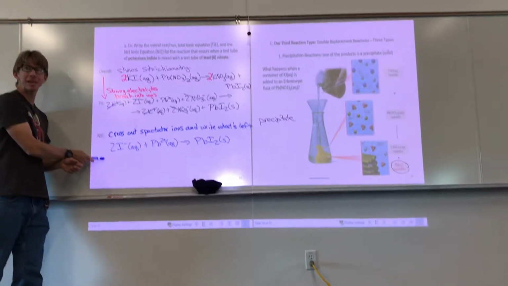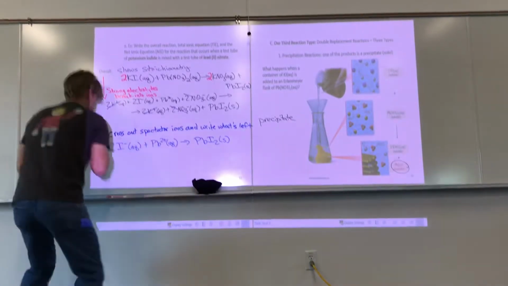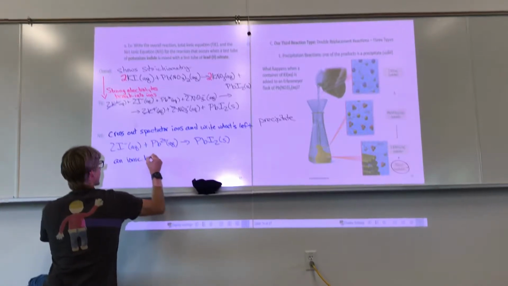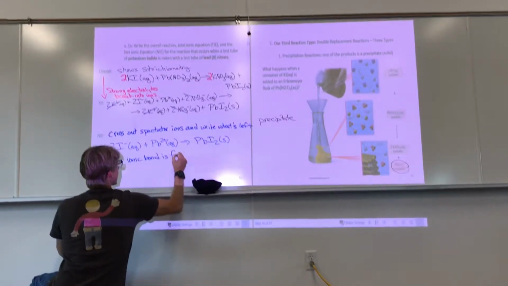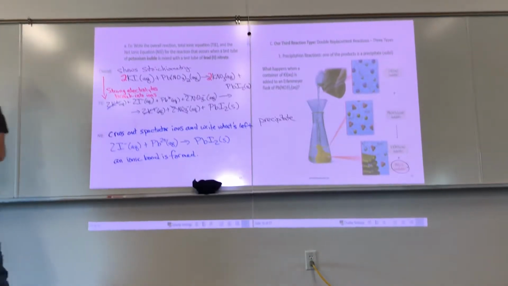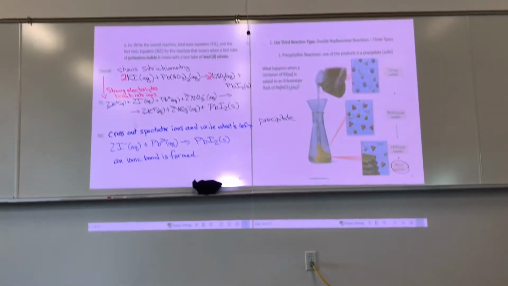And you would say, an ionic bond is formed right here. And to be a true chemical reaction, bonds must form or be broken or both.